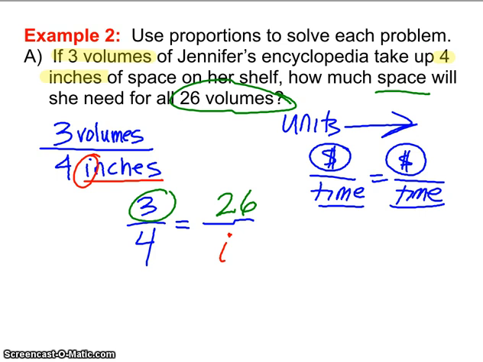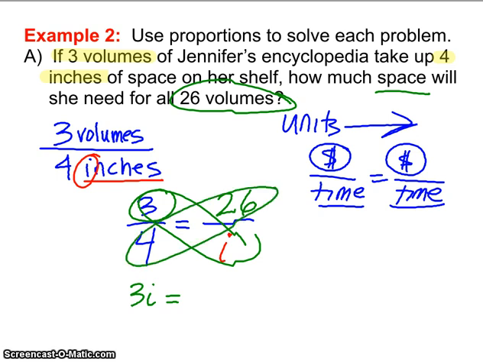Now remember, the story problems aren't too bad if you take the time to write out the rate that you're given. And the biggest thing you have to remember is that your units have to be the same going across. Okay? So let's solve this. I'm going to start with my variable. 3 times I is 3i, and because it's a proportion, I know that this is equal to 26 times 4, which is what? 104.